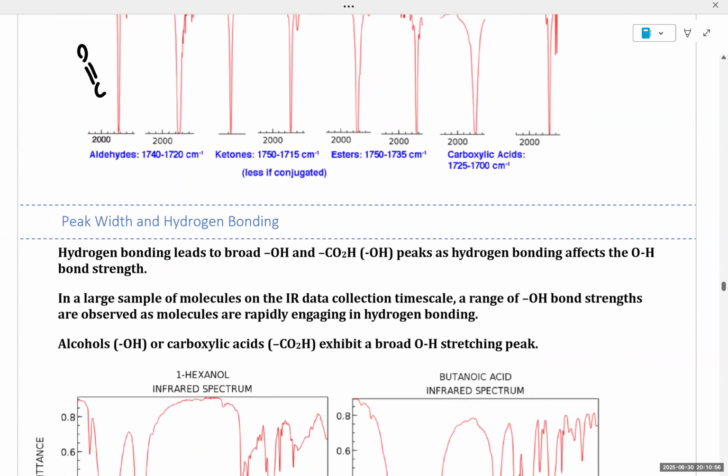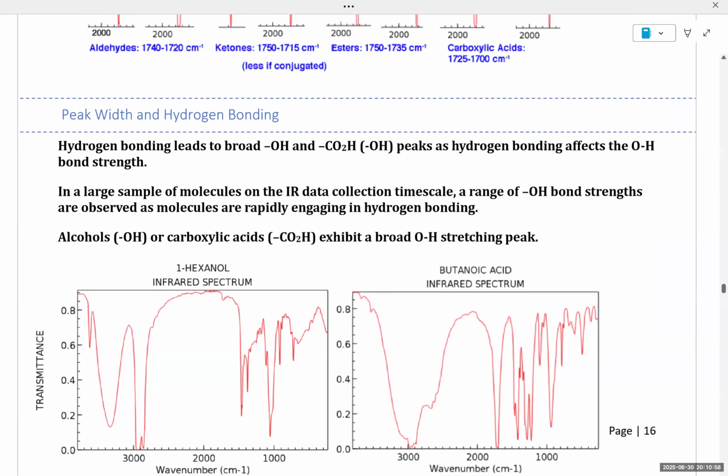Peak width is pretty interesting in that peak width is often heavily affected by hydrogen bonding. Hydrogen bonding leads to broad OH and carboxylic acid OH peaks. So alcohols and carboxylic acids exhibit broad peaks as a result of hydrogen bonding, as hydrogen bonding affects the OH bond strength.